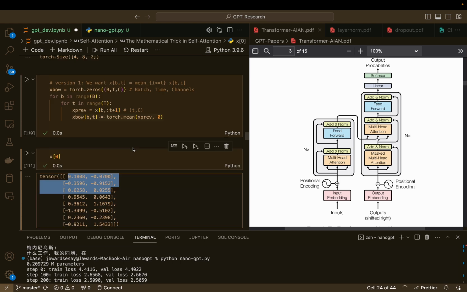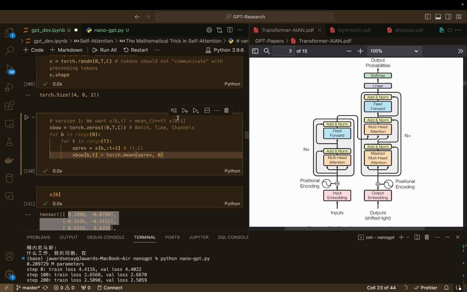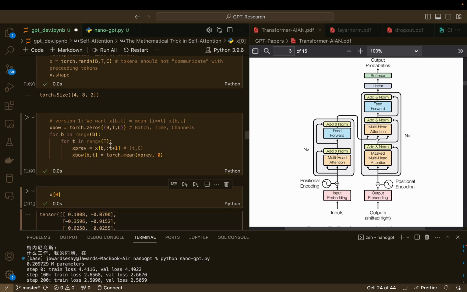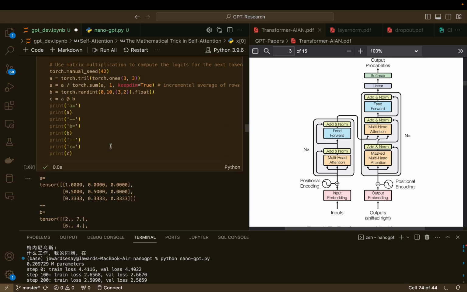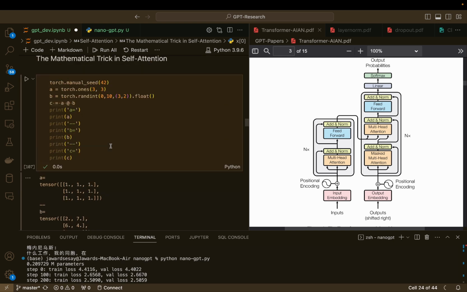So what he did is he took us through matrix multiplication, because that's how we can efficiently get the tokens to talk to each other. In his example, we have a simple 3 by 3 matrix, and we multiply that by a 3 by 2 matrix.